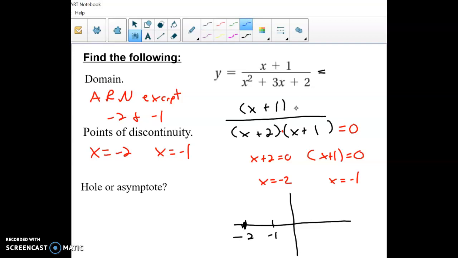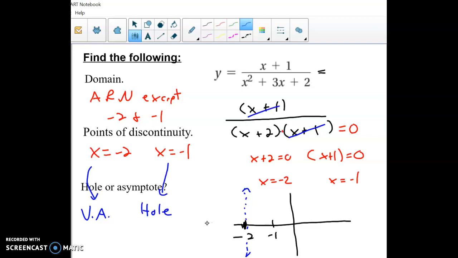Is there a matching x plus 2 up here? The answer is no. So we're going to have a vertical asymptote at -2. I can draw that right in now. And at -1, there is a match. It crosses off. So this one's going to be a hole in the graph.